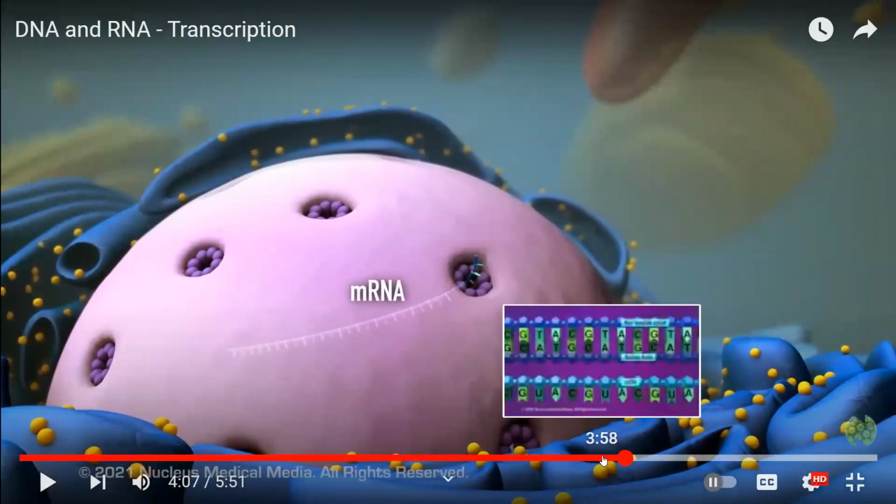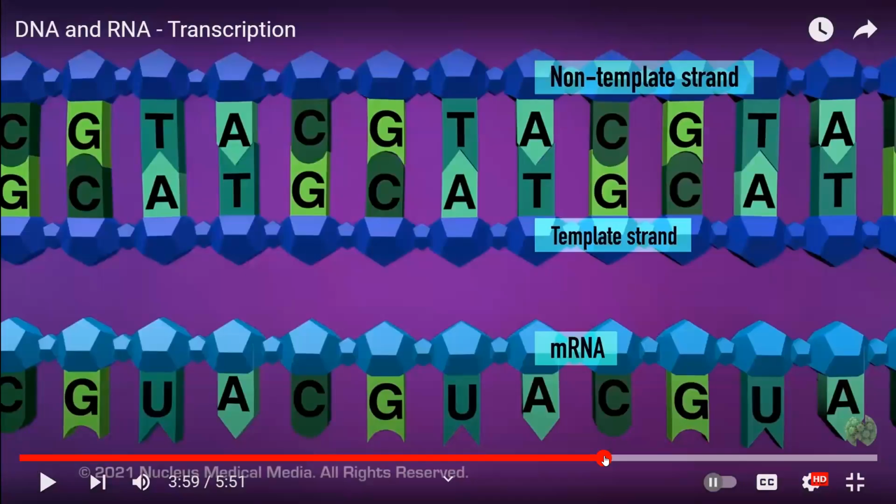I just want to bring your attention to that last bit again. What I want you to notice is that this is the template strand, and this mRNA has been made complementary to this template strand.